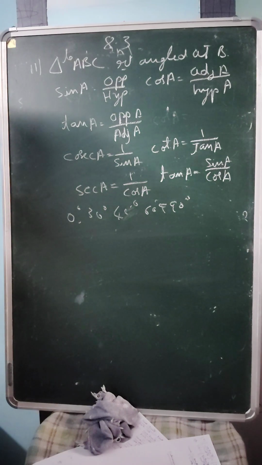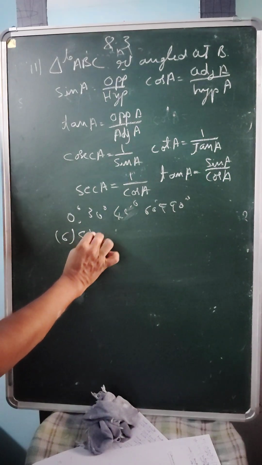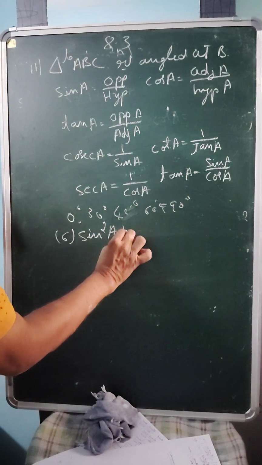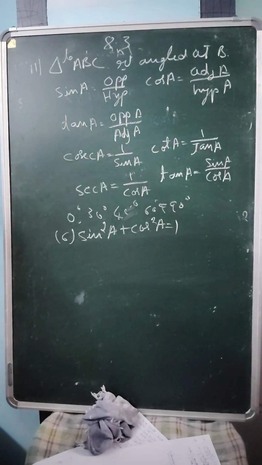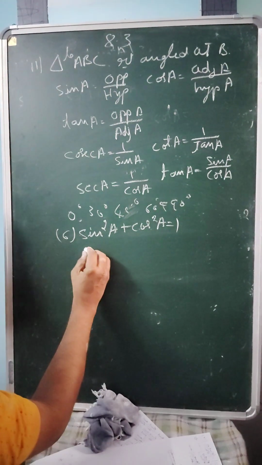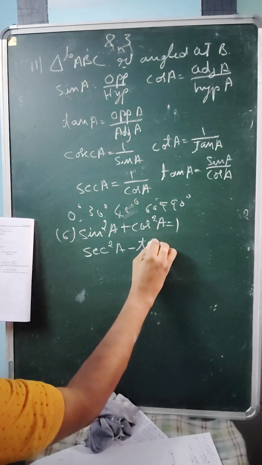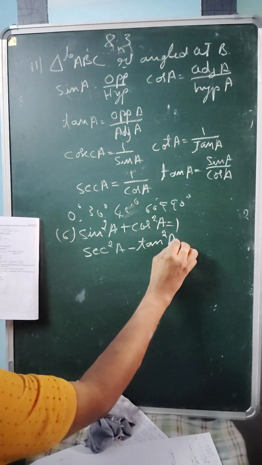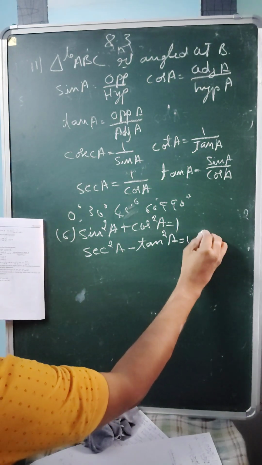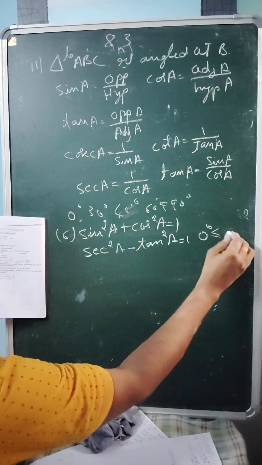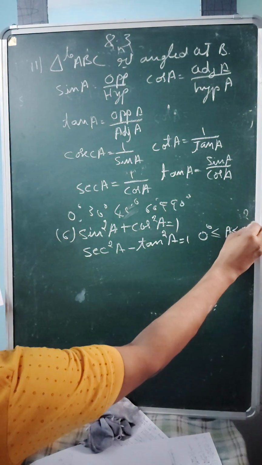Sixth one is sin square A plus cos square A is equal to 1, and secant square A minus tan square A is equal to 1, for 0 degree less than or equal to A less than or equal to 90 degree.